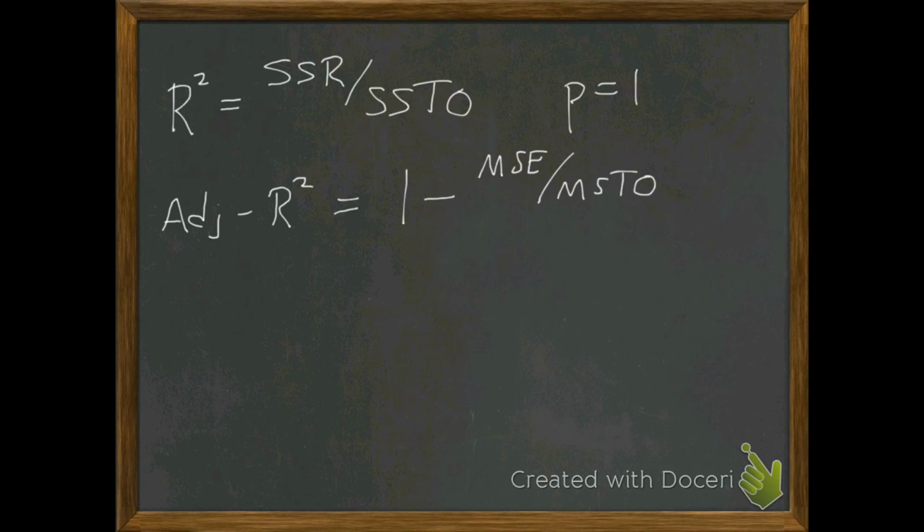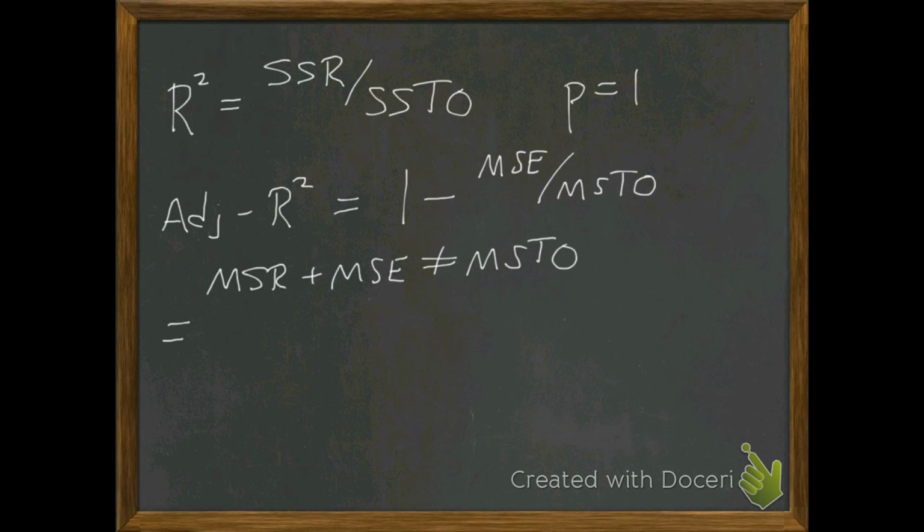And I hope it goes without saying, but maybe it doesn't. Remember, mean square error, mean square regression, and mean square total are not additive. So we can't take our mean square error plus our mean square regression and get our mean square total. So I want to make a note of that. Mean square regression plus mean square error is not going to be equal to the mean square total, as in the sum of squares.